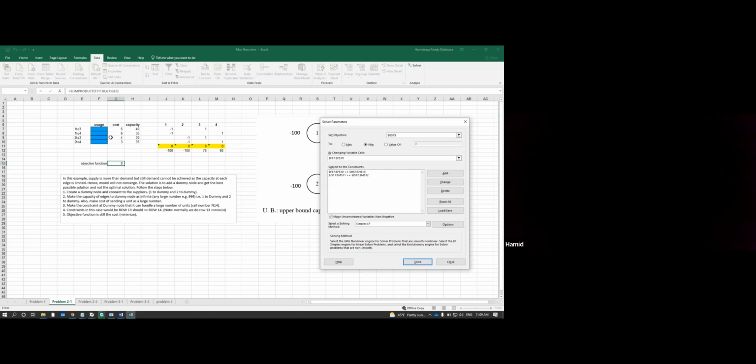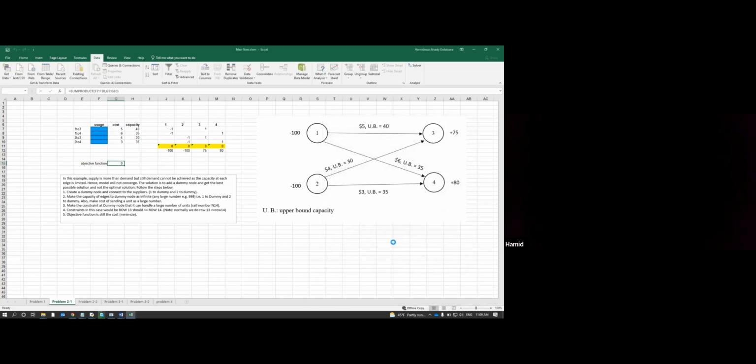F7 to F10 are my decision variables. The first constraint, F7 to F10 less than or equal to H7 to H10, takes care of my capacity constraint. The second one, J11 to M11 equal to J12 to M12, takes care of my supply capacity and also demand constraint. I press solve.